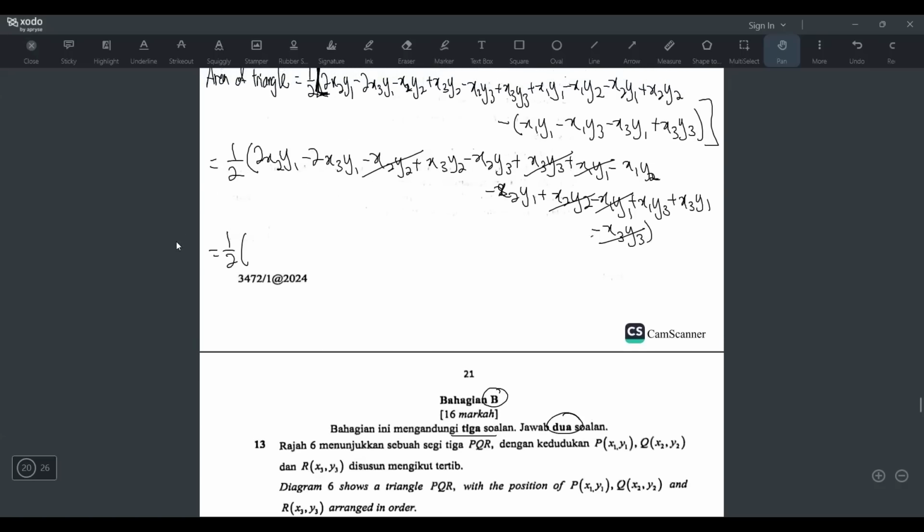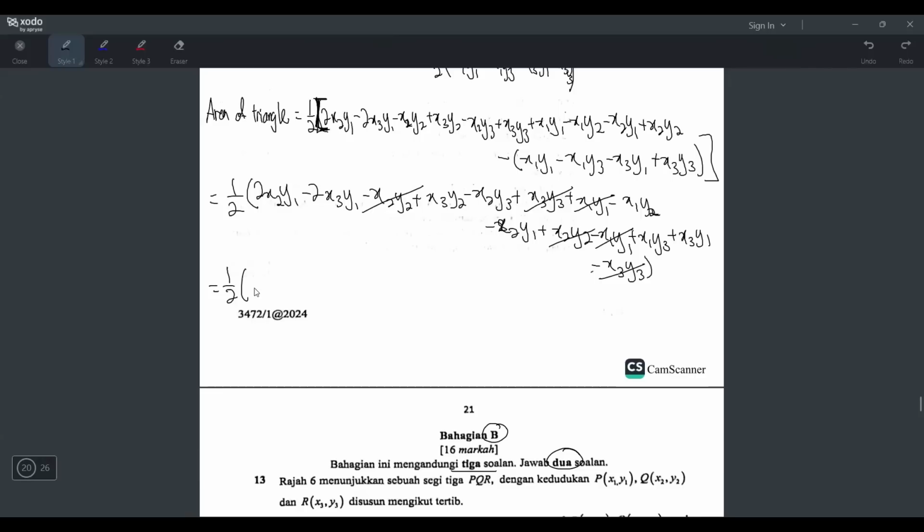So let's try to find the x1y2 and do it first. This is not x1y2, so I don't want to write this first. This one also, not this one first. Where is x1y2? I find it already here, but got negative. So just write negative x1y2. And is there any x1y2 here?